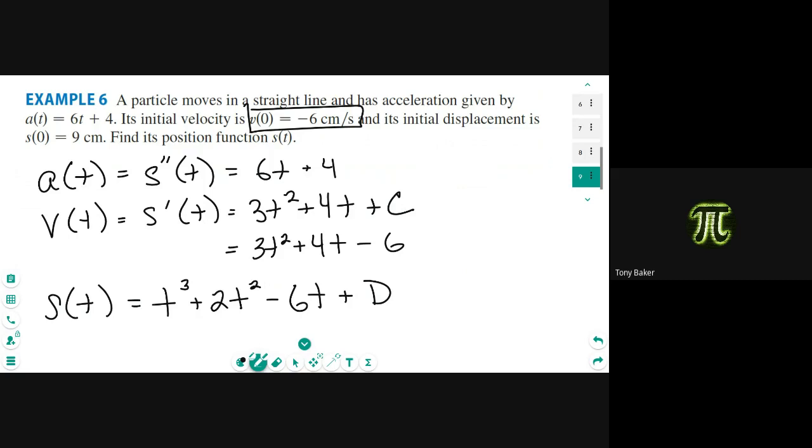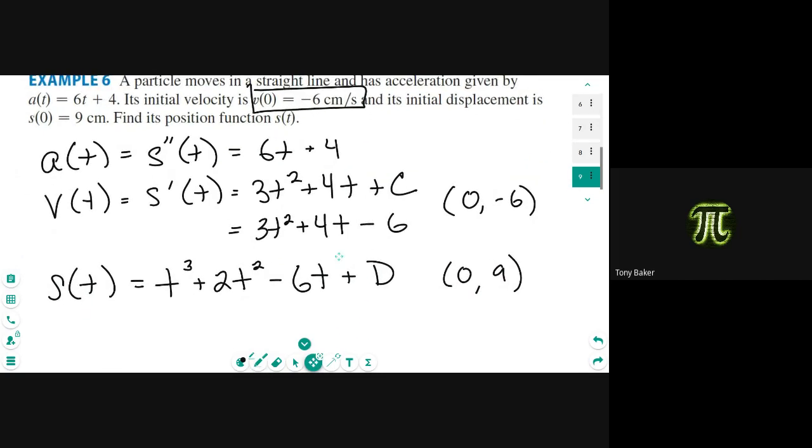Yeah, this one, you plug in 0, everything's going to disappear. So in this one, I used 0, -6. And this one, I'm using 0, 9. Right here. So my position function is t to the third plus 2t squared minus 6t plus 9.